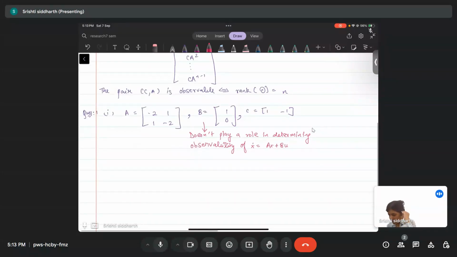Okay, so let's form the matrix then. n is 2, so the observability matrix is C and CA. Let's compute CA.